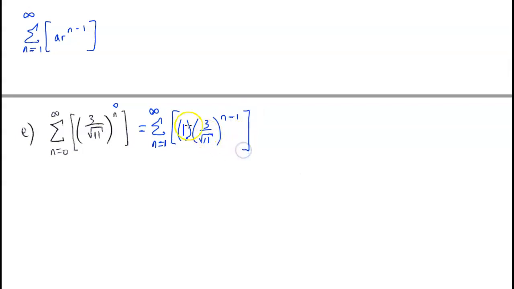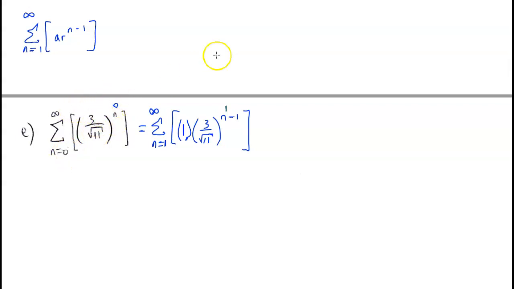Okay. And the reason for that is that if I plug in a 1 here, then of course this 3 divided by square root of 11 raised to the 0 is just going to be 1. And 1 times 1 will give me 1, which is exactly what I would get the very first time I plug in 0 into here.